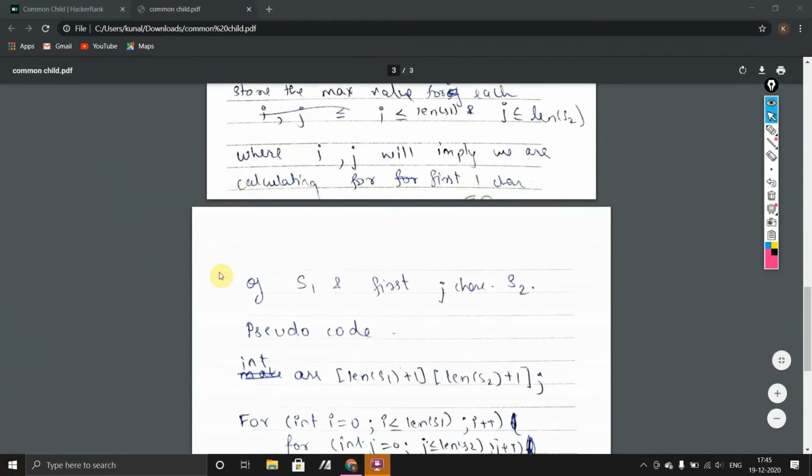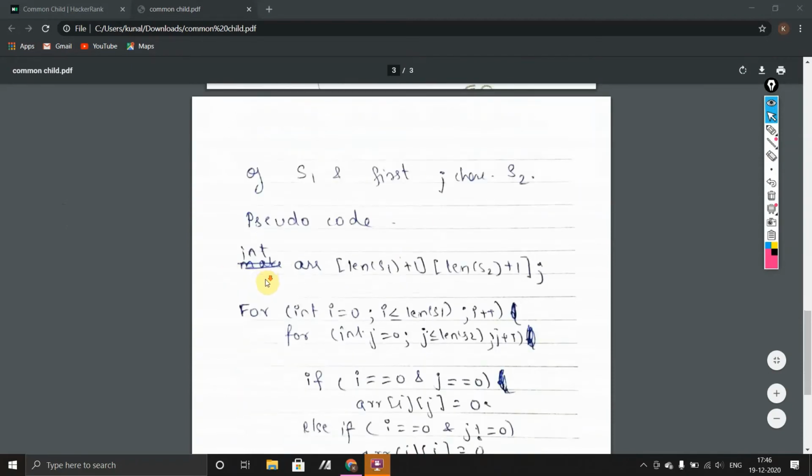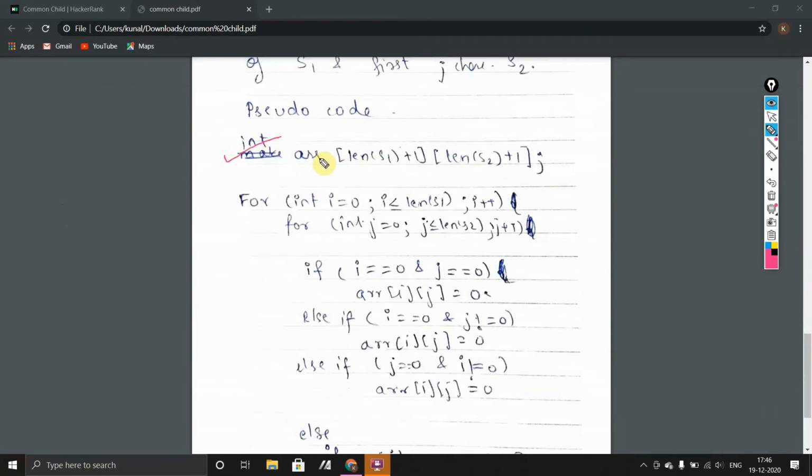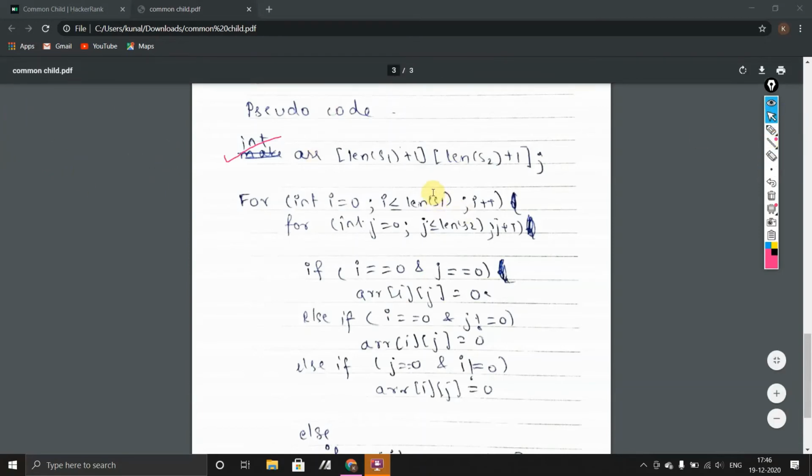With all these explanations done, I will show you the pseudocode. So here is the declaration of the array, arr of length of s1 plus 1, length of s2 plus 1. I hope you understand why plus 1 is here, because for a of 0 we are actually considering there will be nothing. So for a of len of s plus 1, we are actually taking till the end of s1 and s2.